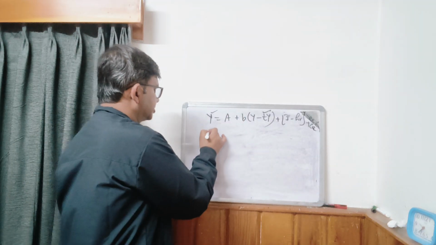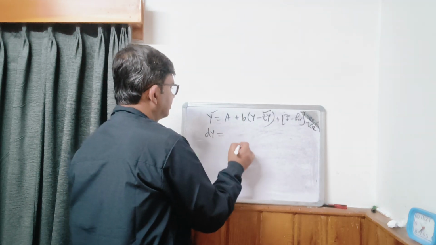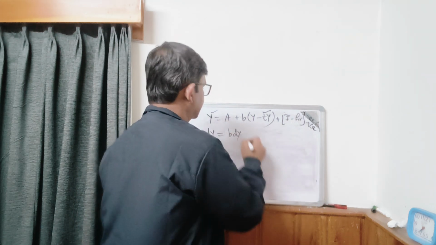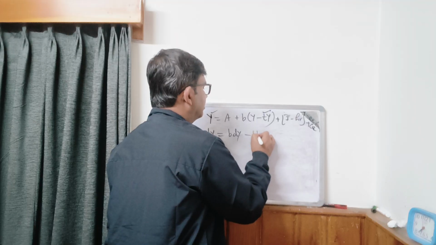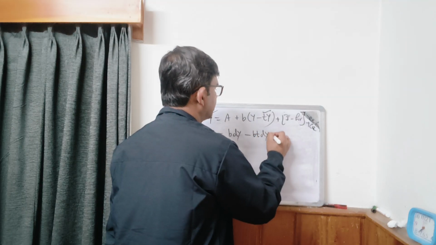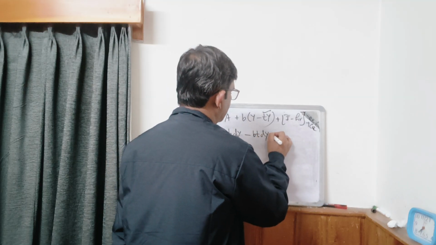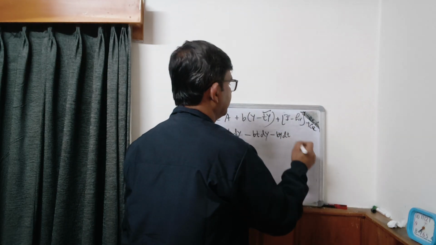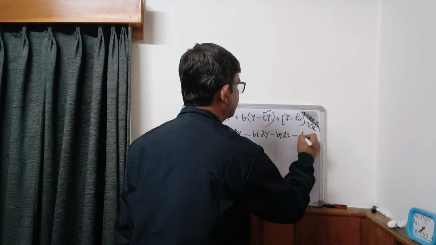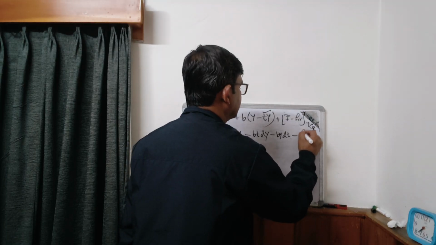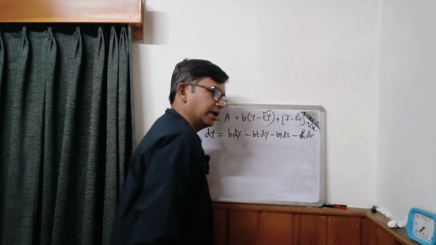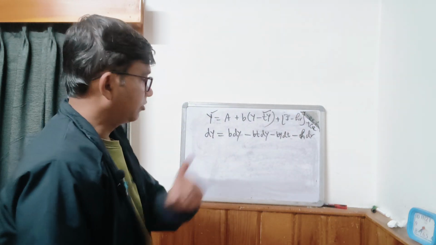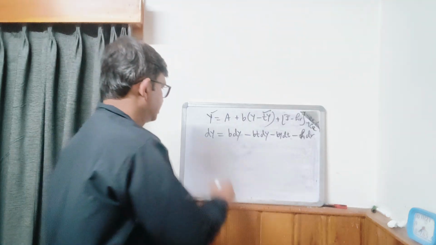So if we differentiate, we'll get dy equals b dy minus bt dy minus y dt minus h dr. In this case, the value of the coefficient matrix will change.